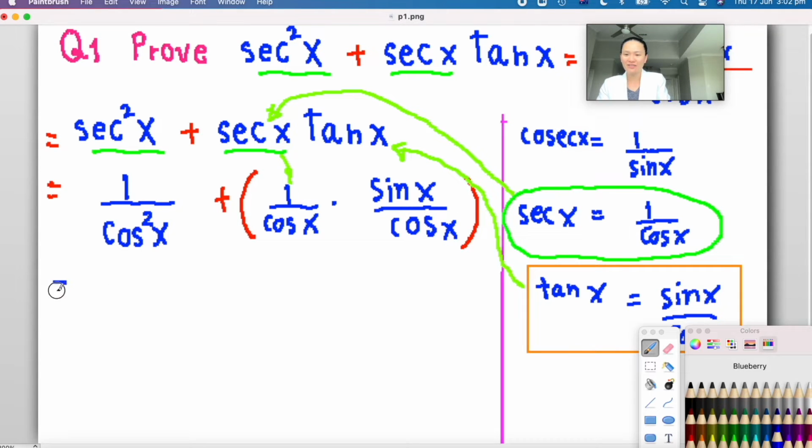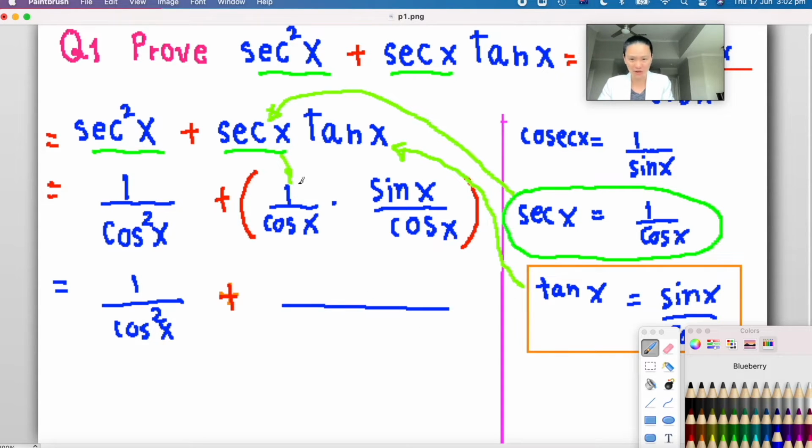So I know from this one I have 1 over cos x squared plus, and from here I know that, of course, 1 times sine x is sine x. Cos x times cos x is cos x squared.